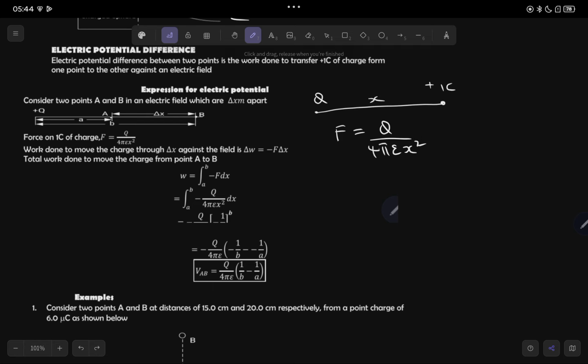That is the formula for the force between the two charges.